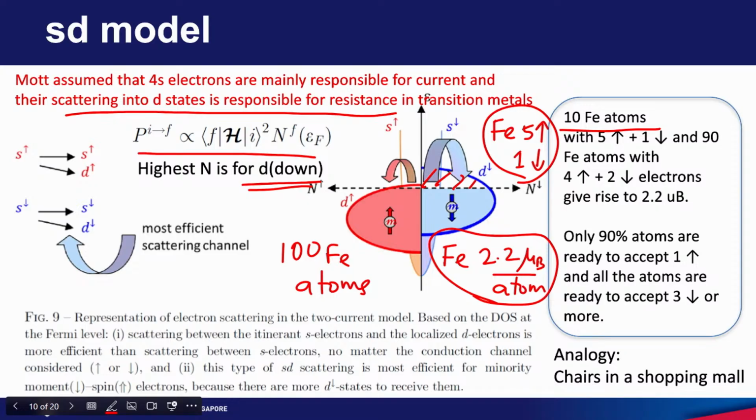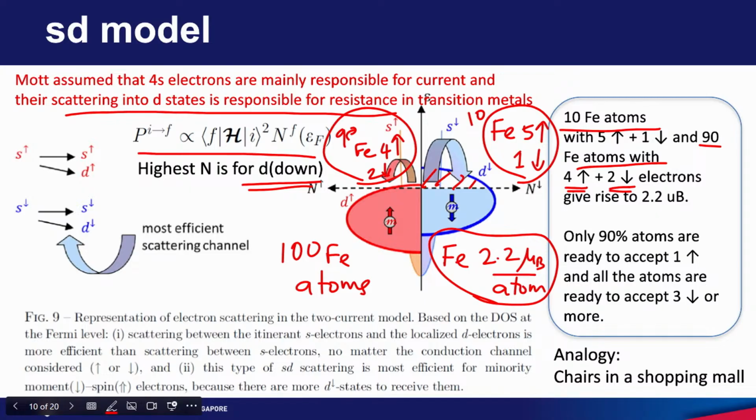Then there are 90 other iron atoms where you have 4 up spin and 2 down spin. So, if you have 100 atoms, 10 of them have this configuration, 90 of them have 4 up, 2 down. Then this will give rise to 2.2 Bohr magneton per atom.